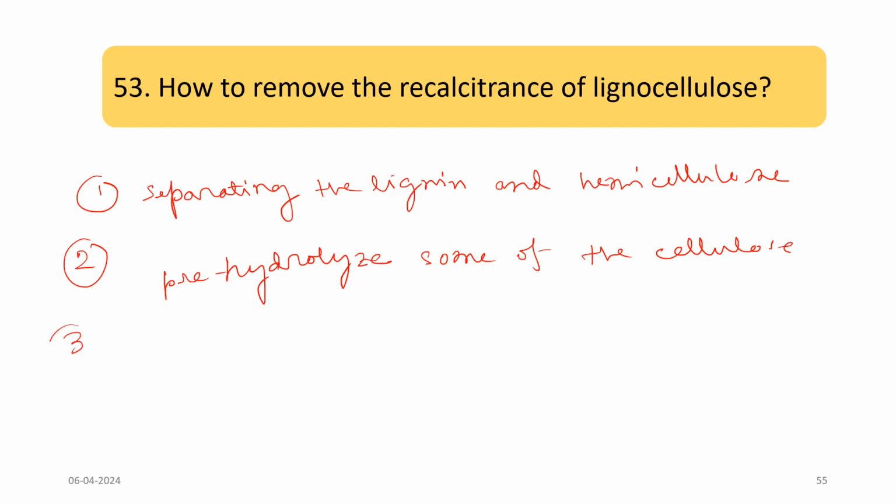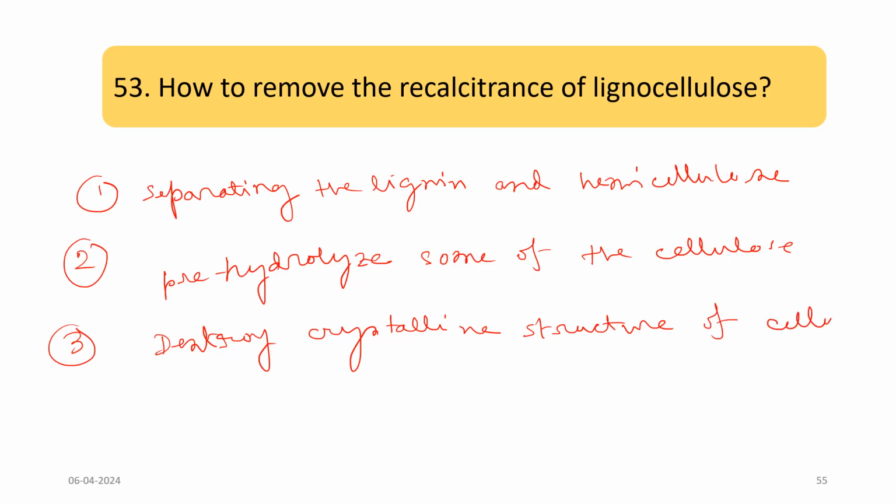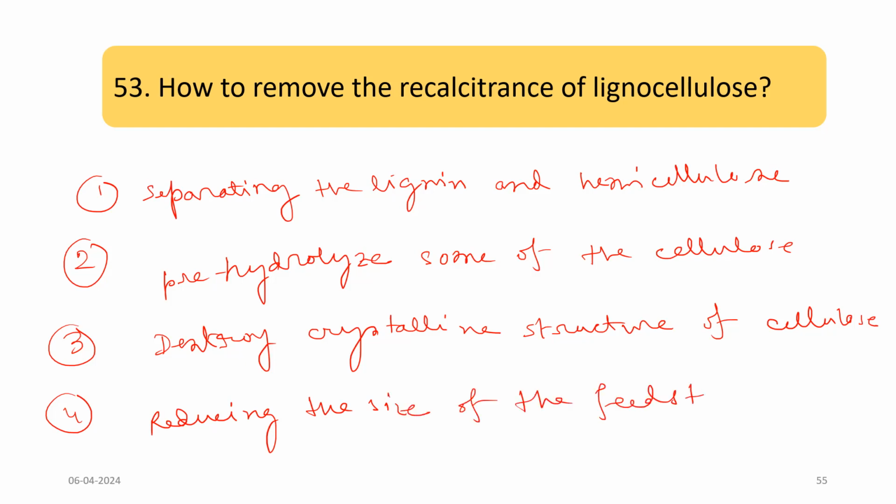The third one is to destroy the crystalline structure of cellulose. And the fourth one is reducing the size of the feedstock. So these are some of the steps in pre-treatment we need to do to remove the recalcitrance of lignocellulose.